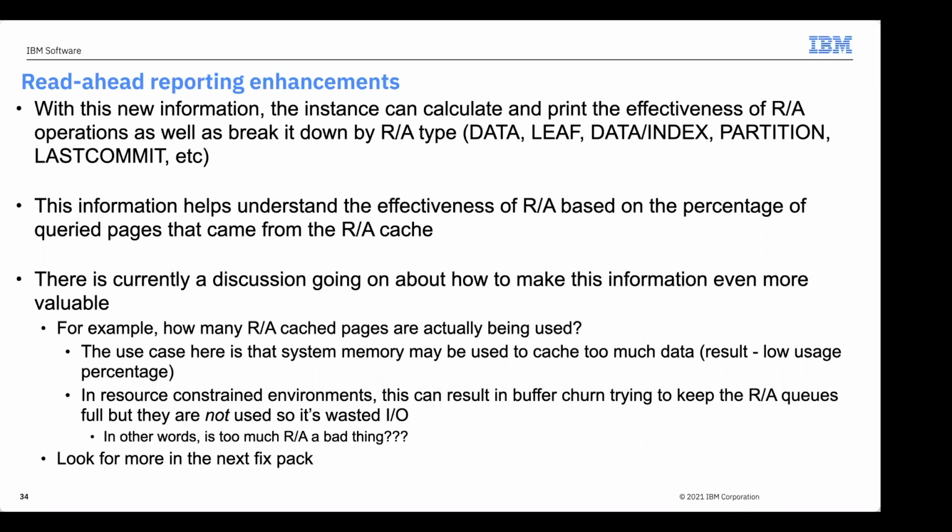But what we discovered in our conversation is that it's great to know what a percentage value is, but it's even better to know how many pages are actually being used.